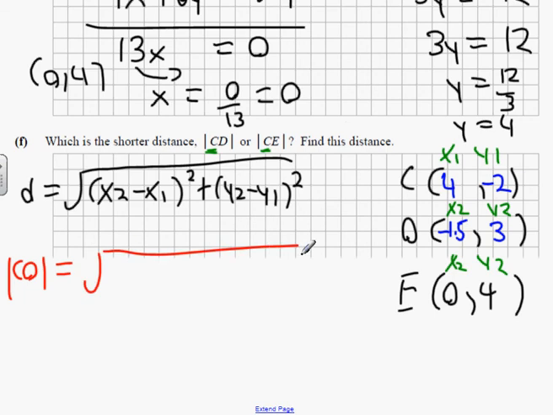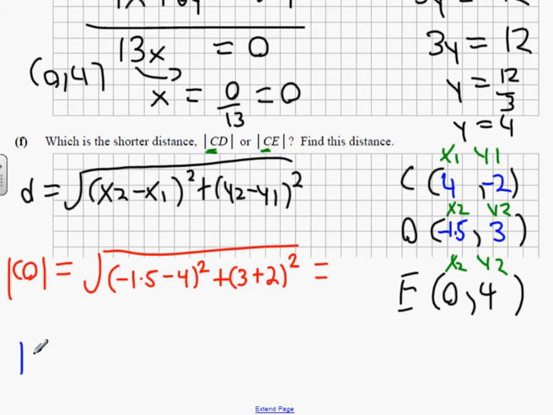The length of CD is going to be the square root of, anybody? x2 minus x1, minus 4 squared, plus 3 minus 2. Minus 2, as Sean rightly said, turns into a plus 2. And then somebody's going to use the calculator on that one.